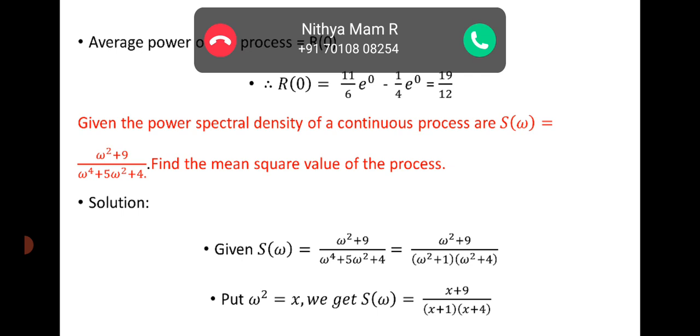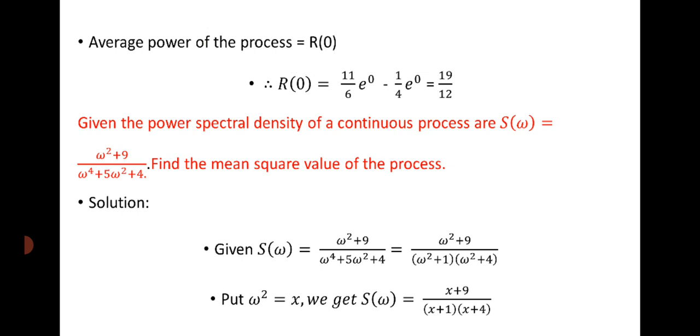Given S of omega equal to omega square plus 9 divided by omega power 4 plus 5 omega square plus 4, that is equal to omega square plus 9 divided by omega square plus 1 into omega square plus 4.